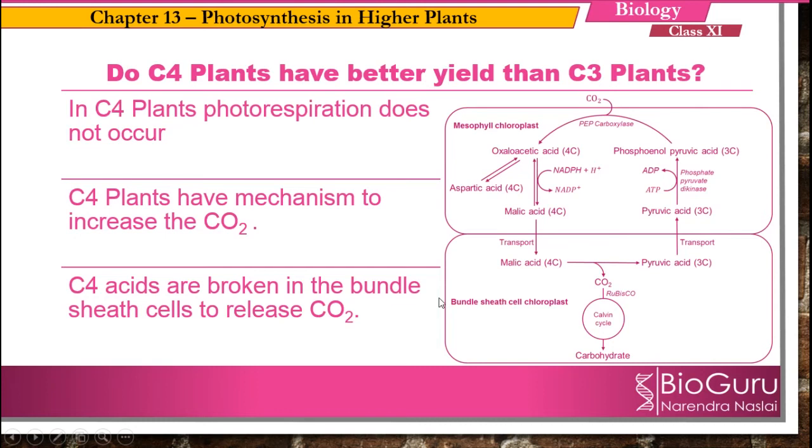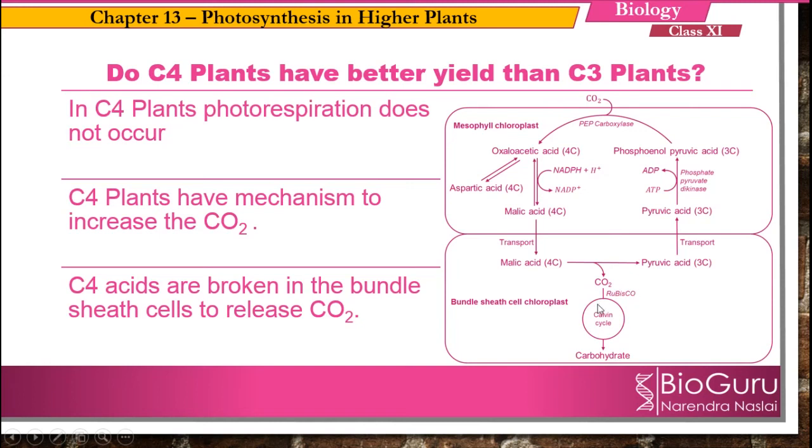When these cells are impermeable to gaseous exchange, how does carbon dioxide get transported to these cells? It is in the form of C4 acids, which are produced in the mesophyll cells by the enzyme PEP carboxylase. After formation, the C4 acid is broken down into pyruvic acid with the release of carbon dioxide.